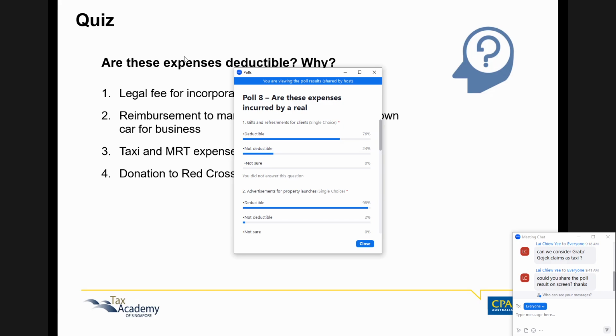So in the exams, on the question of whether expenses are deductible or non-deductible, you will have to apply the principles learned last week and this week, and then decide on the tax treatment.